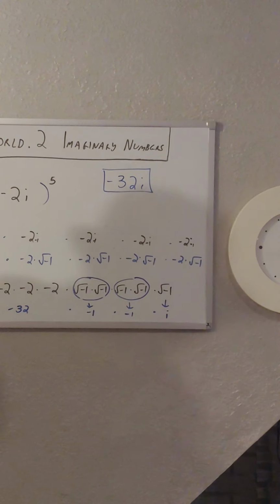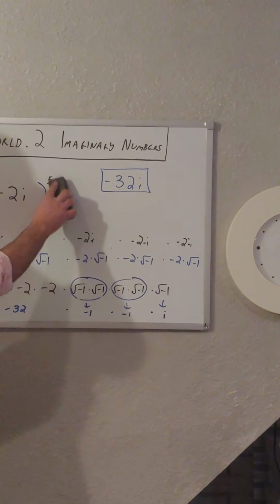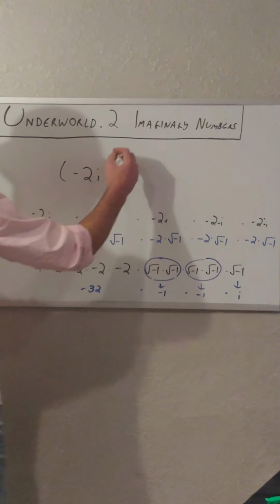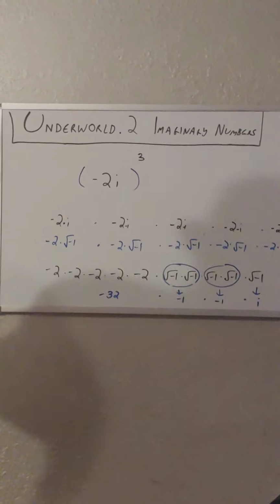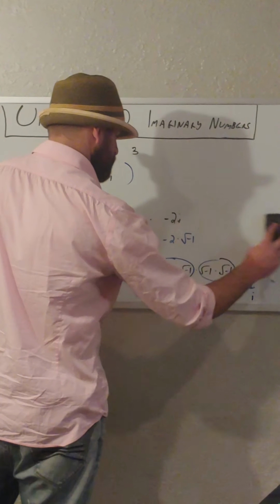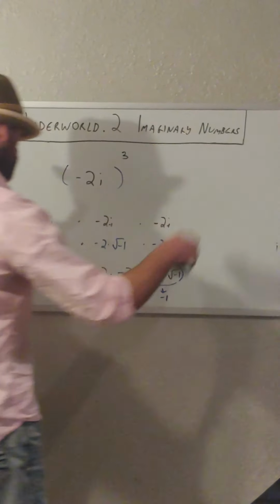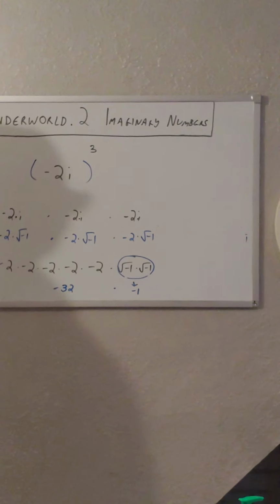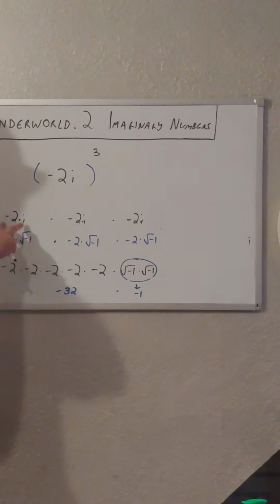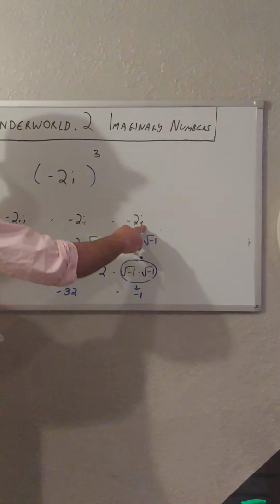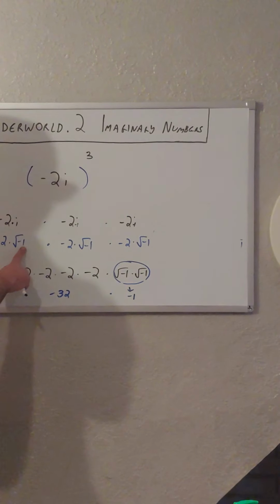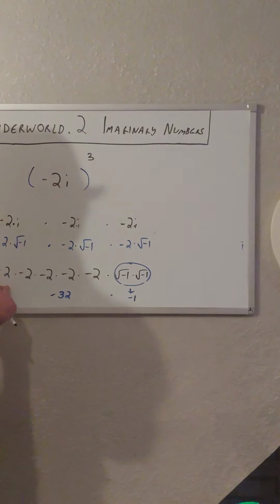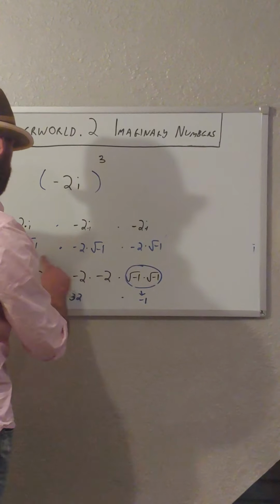If that was to the 3rd power, I might as well just do this because we're already there as far as our work goes. So let's say that was to the 3rd power. Does everybody agree that your work would look like that? To the 3rd power, negative 2i times negative 2i times negative 2i, right? Remember, i is the same as square root of -1. So we have this.